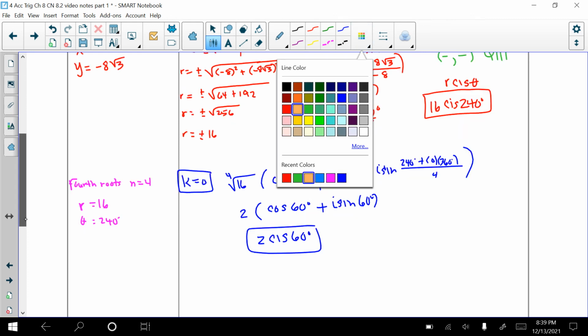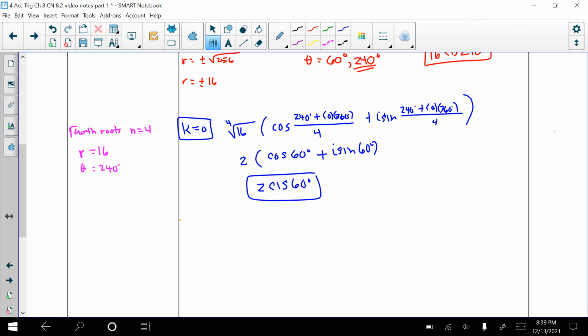Now I'm going to let k equal 1 and just reuse the formula all over again. So fourth root is 16 times cosine of 240 degrees plus 1 times 360 all over 4 plus I times sine of the same expression, and work on simplifying.